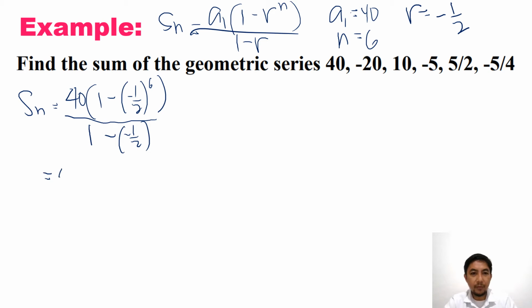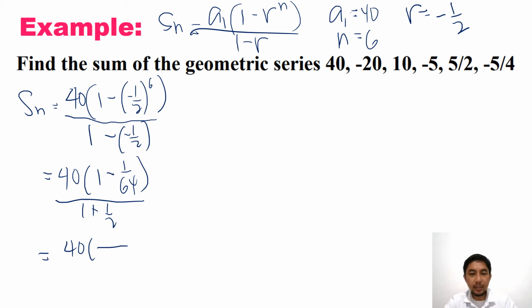Therefore, we have 40 times 1 minus negative 1/2 raised to 6, which will give us 1 over 64. This time it's positive, so even if you did not enclose it in parentheses, it is fine. Divided by 1 plus 1 half. So this is equal to 40 times, okay, we get the LCD of 1 and 64.